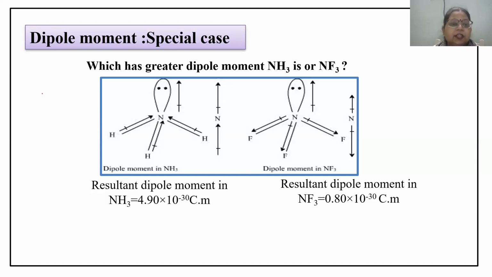Between nitrogen and hydrogen, nitrogen is more electronegative. Right? Similarly, between nitrogen and fluorine, which is more electronegative? We'll say fluorine is more electronegative.